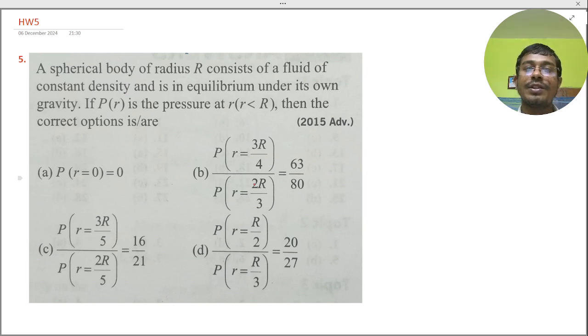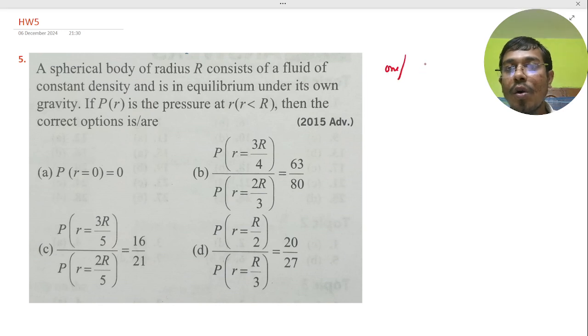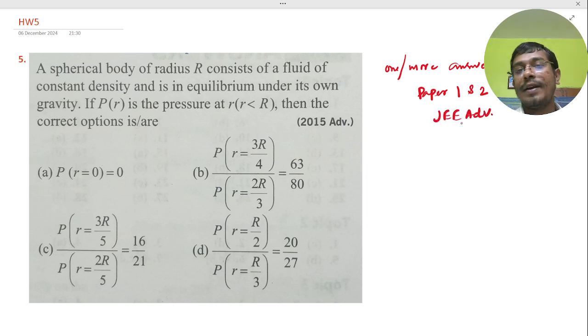So basically in these questions, one or more answers are correct. This is basically from paper 1 and 2 of JEE Advanced, these types of questions are coming, and also in IIT JAM and GATE.